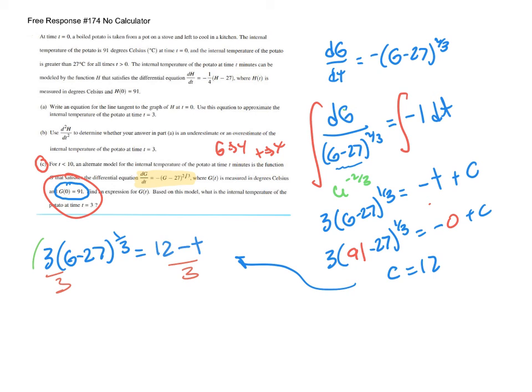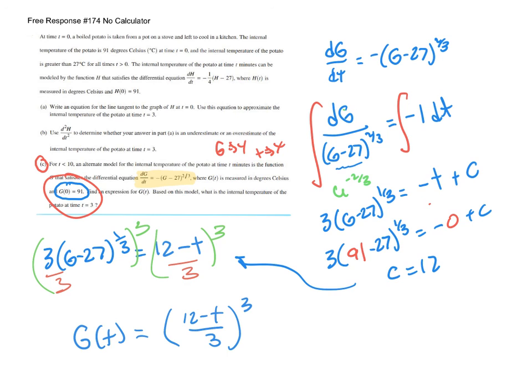No, we're going to cube it, right? Yeah, we cube it. And so my g of t, with that initial condition, is ((12 minus t) over 3) cubed. And that applies just up to 10 minutes. Yep, t is measured in minutes, and this thing applies for the first 10 minutes.